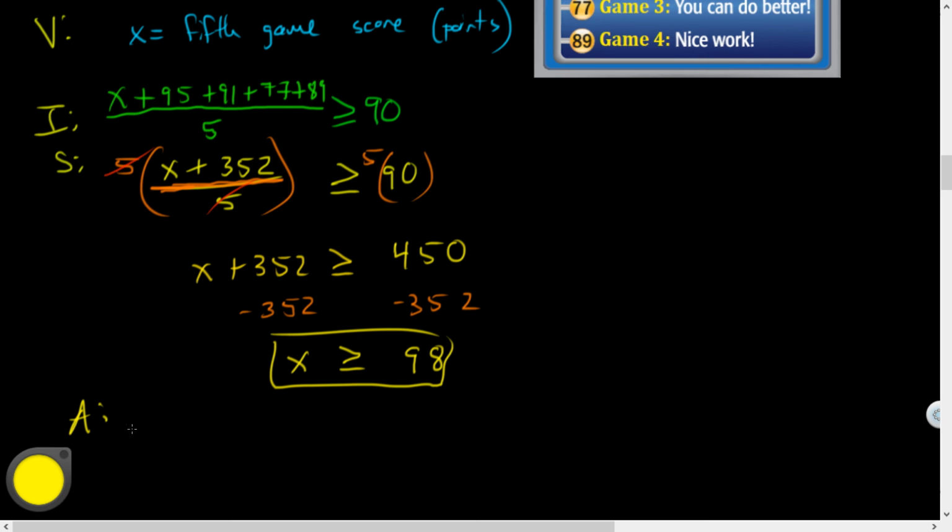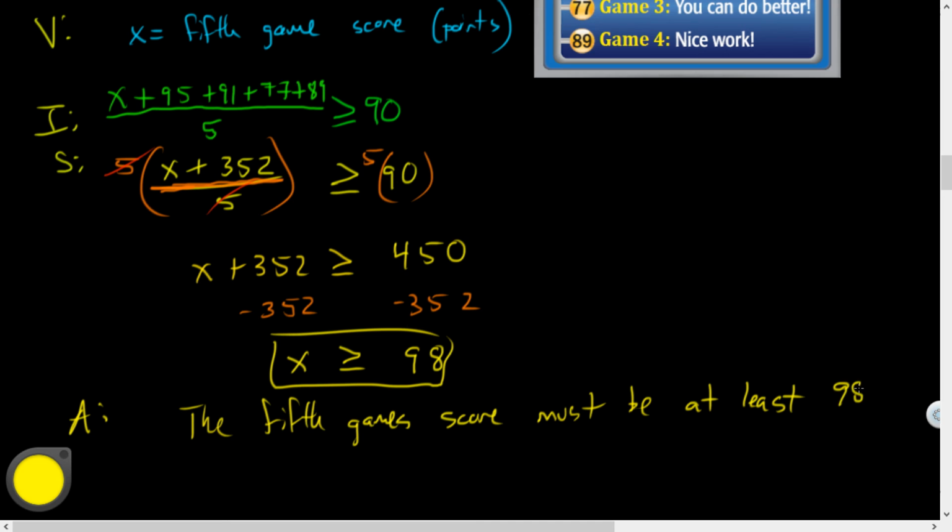Yep. And let's see, so the answer is when I combine this with my defined variable. It looks like the 5th game score must be at least 98. That sounds like a sentence. Must be at least 98 points.